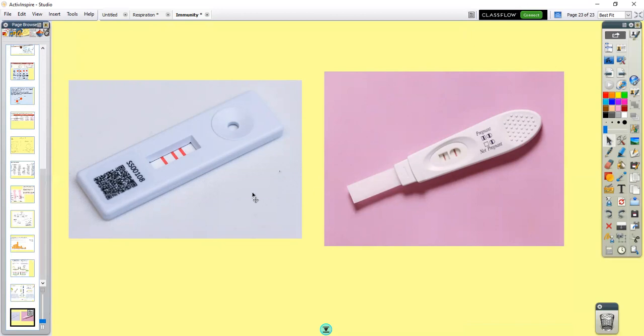Okay, so you provide your sample, there's a reaction that occurs which involves a number of enzymes, and then that causes these bands to change color, giving you the positive or negative test, and exactly the same for your pregnancy test. Okay, quite a long topic.